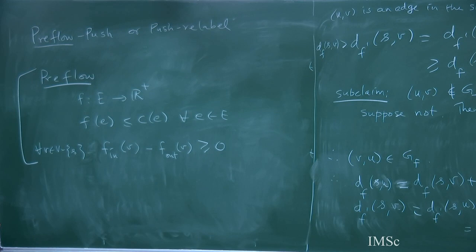What is a starting pre-flow? In Ford Fulkerson we had a starting flow where all the flow on edges is 0, right? Because the capacities are all non-negative, you satisfy both constraints.